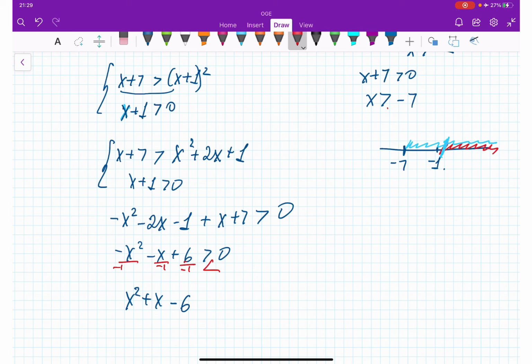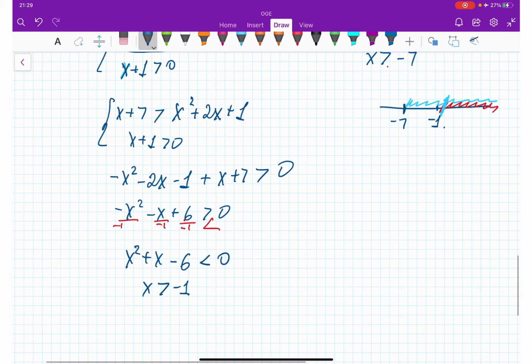So x squared plus x minus 6 is going to be less than 0. And at the same time, we need to watch out that x has to be greater than negative 1.